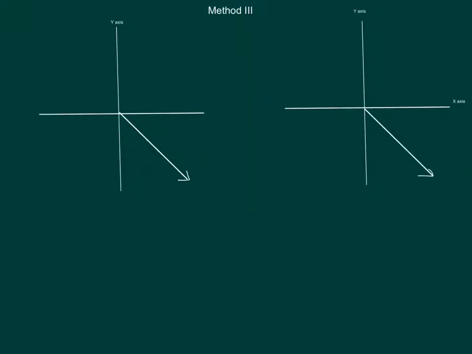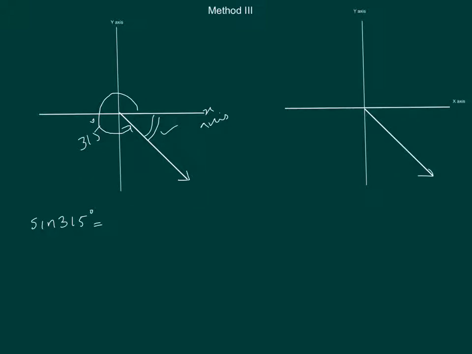Let us consider an angle in the fourth quadrant. Say we have to find sine of 315 degrees. Now if we are taking our x-axis as the line of reference, the angle will be this one.